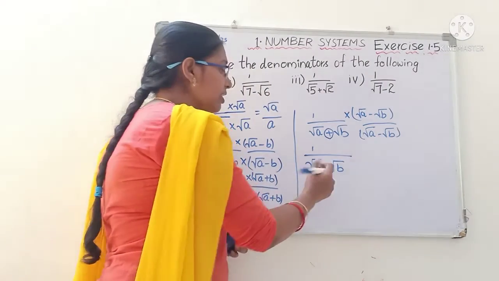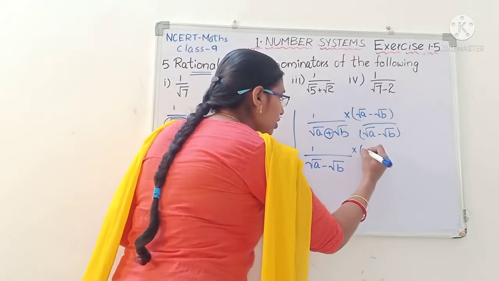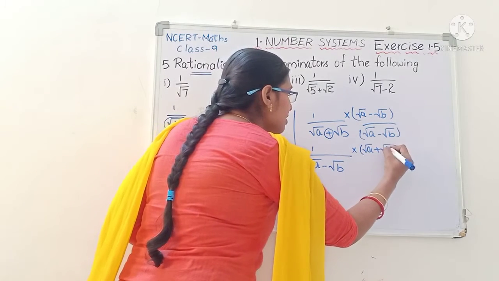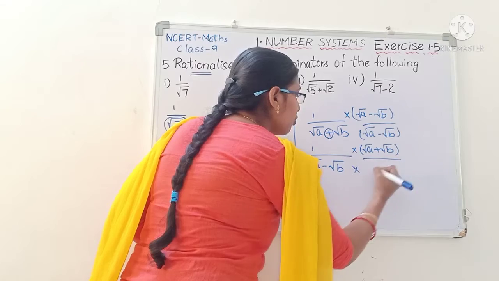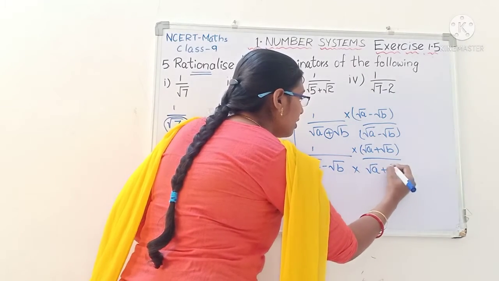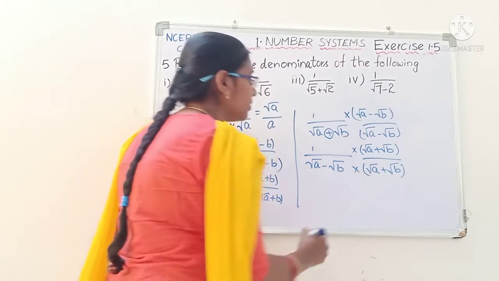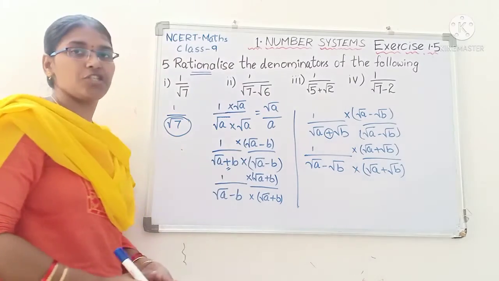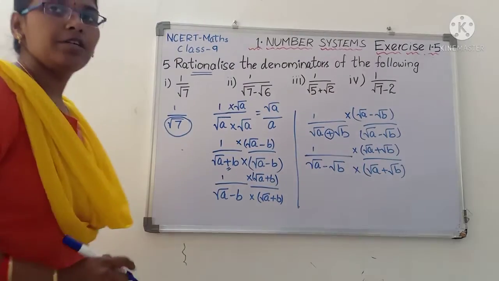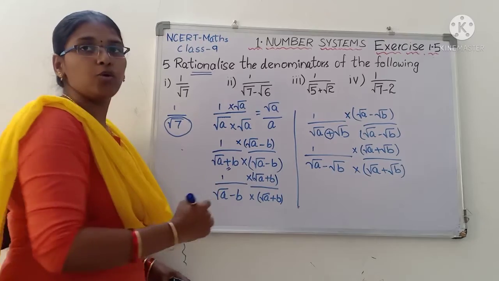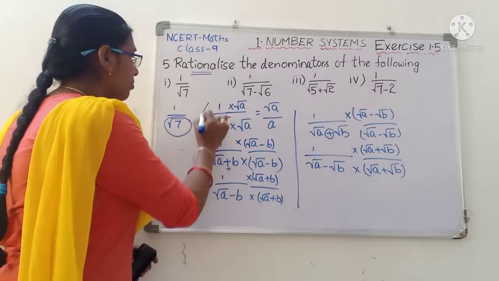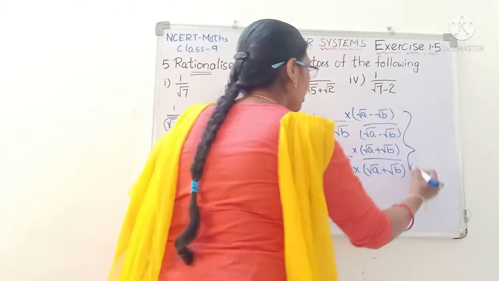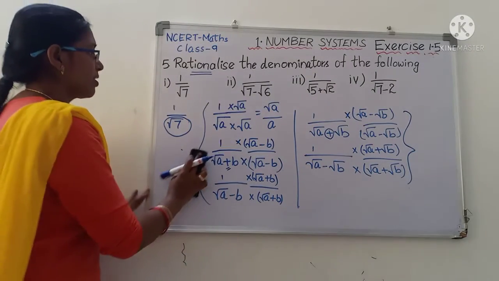Yes, it is easy children. Just change the sign. Multiply with root a plus root b in the numerator and also in the denominator. In this way you do rationalization of the denominator. Children, now you understood how to do rationalization. Remember all this. Now let's start doing the problems.